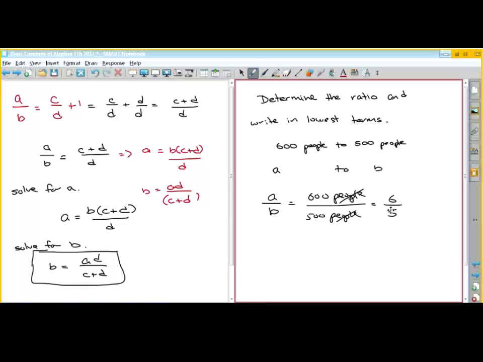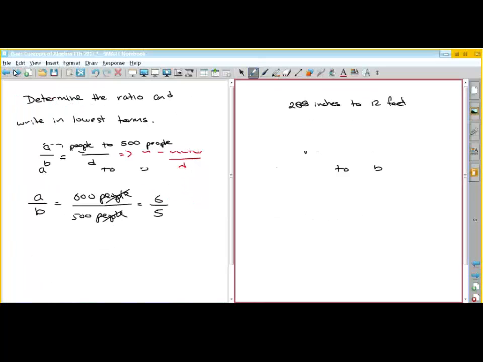And ratios typically, in their most useful form, do not have units because they have the same units in the numerator and the denominator. Okay, here's 288 inches to 12 feet. So again, this would be A to B, which is the same as A divided by B. So we have 288 inches divided by 12 feet.